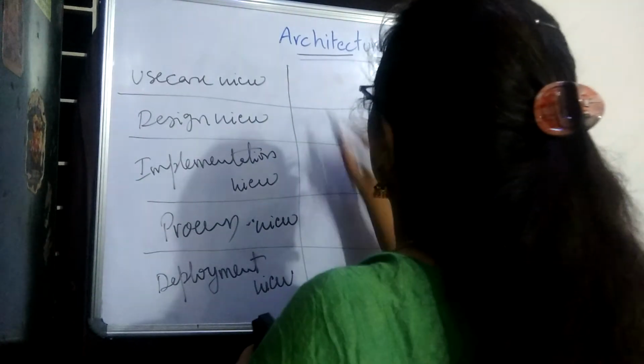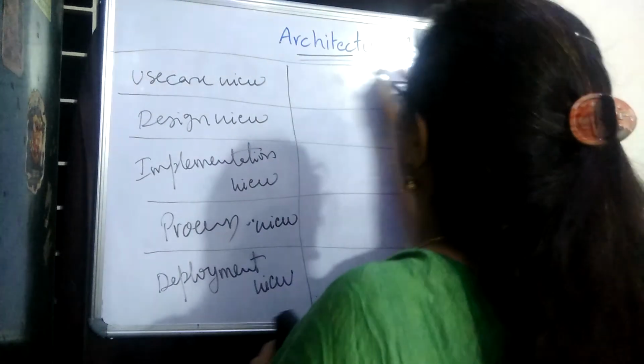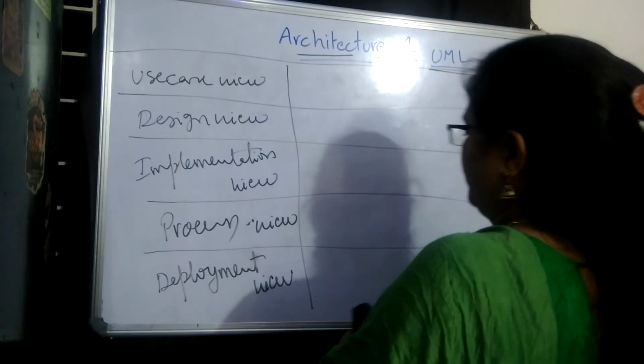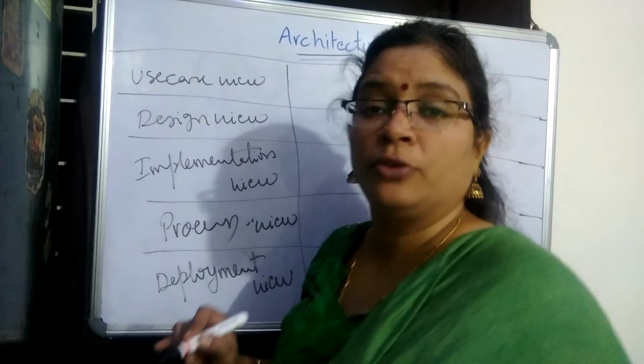Each and every view works for what, and what are the various things in each and every view? Now we are going to see. The first one is the use case view.